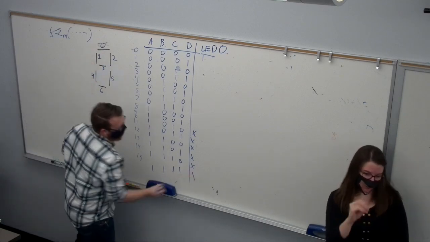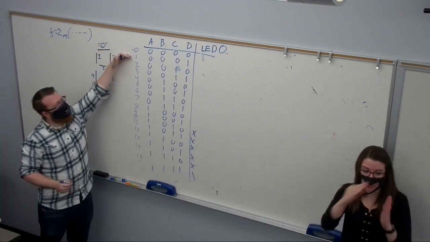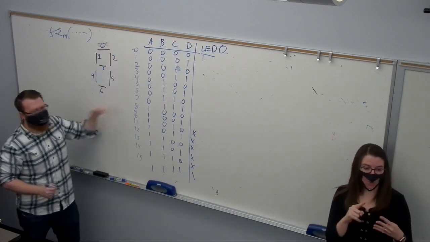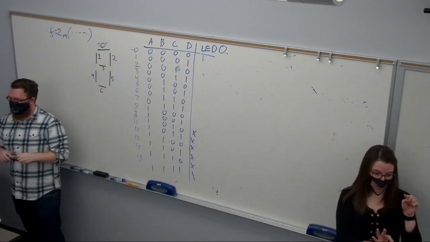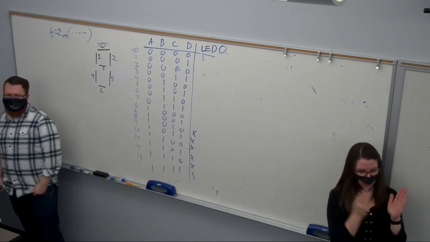So just take a moment, fill in the remaining truth table for numbers 1 to 9. I'll give you guys just a second to do that, and then I'll fill it in to make sure you guys are following the idea.